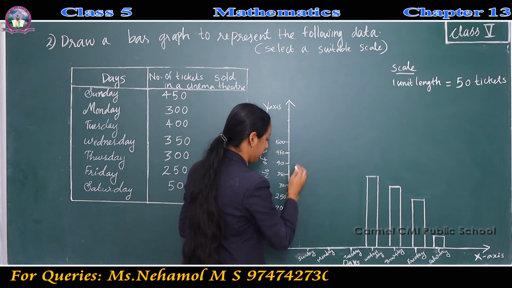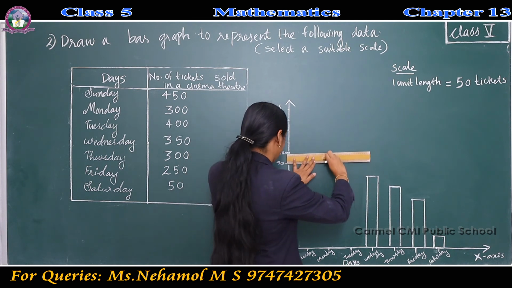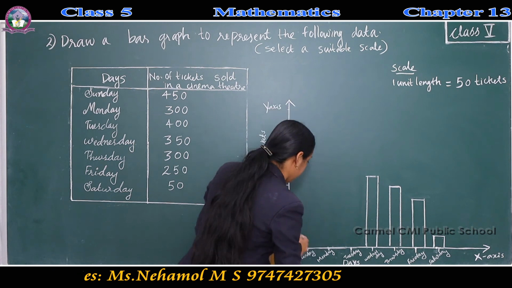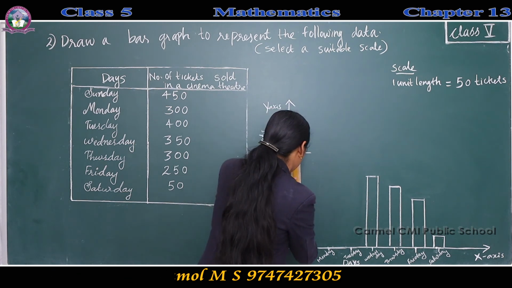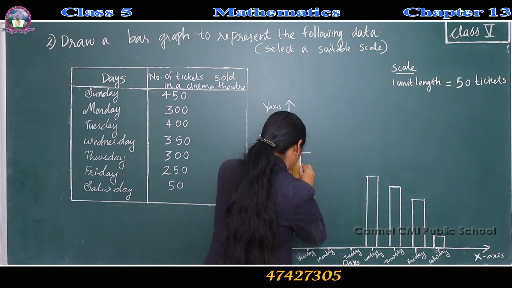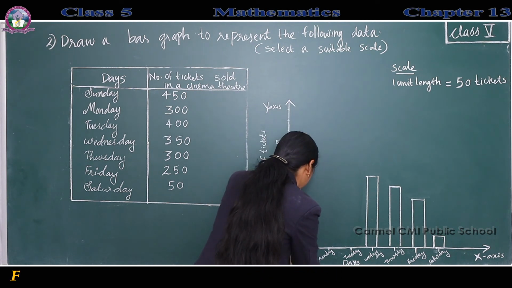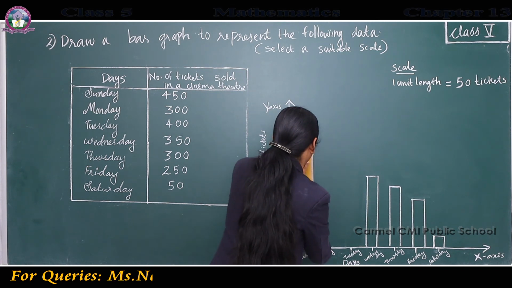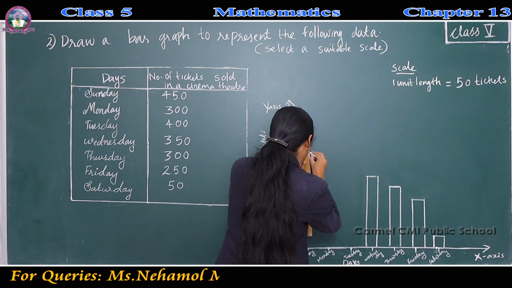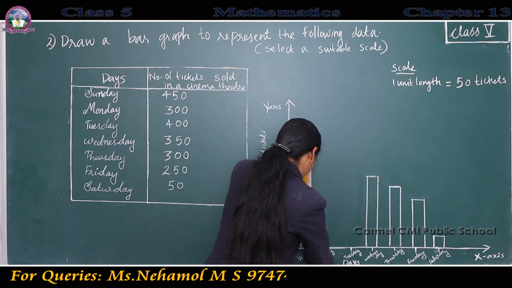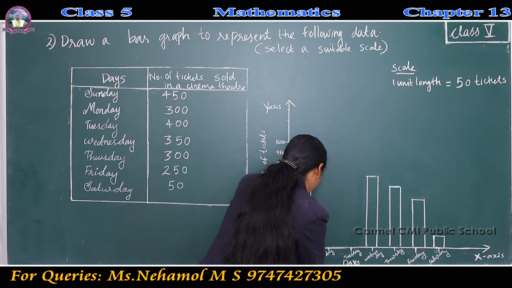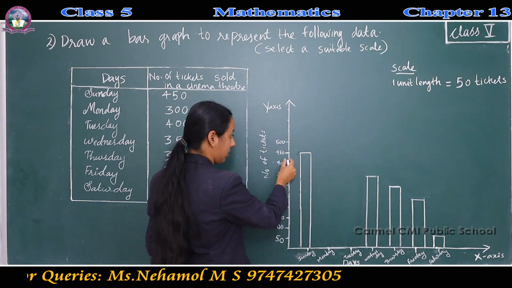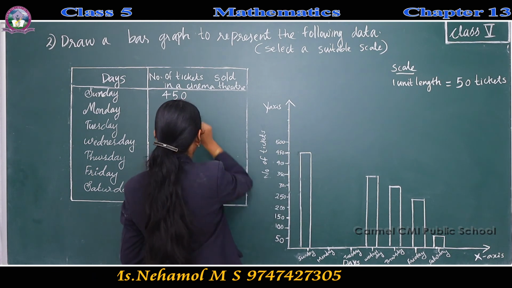So using the scale we can draw the bar corresponding to Sunday. This bar represents Sunday. This bar is again 450.